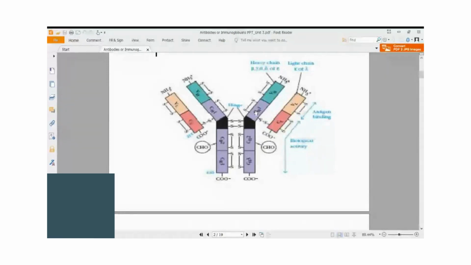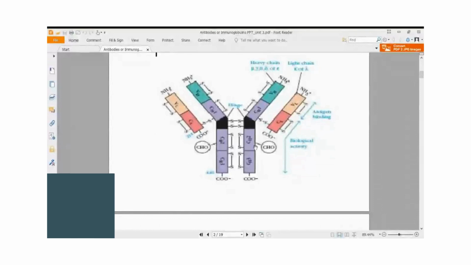Those are the fragment monoclonal antibodies. But those fragmented monoclonal antibodies will not be able to bind to the FC receptor. But all monoclonal antibodies are not like that. Very few are. And why, I will talk about when I talk about cancer therapy.